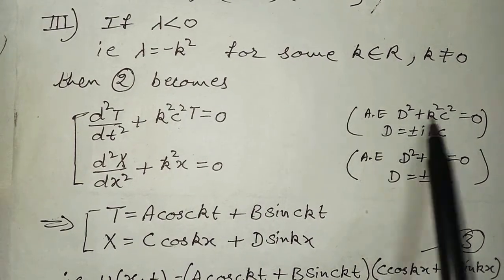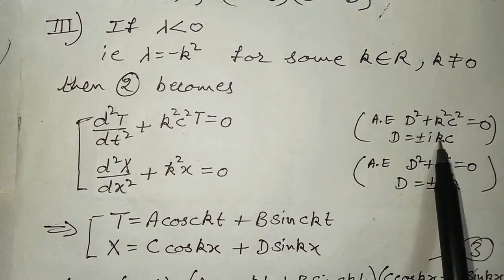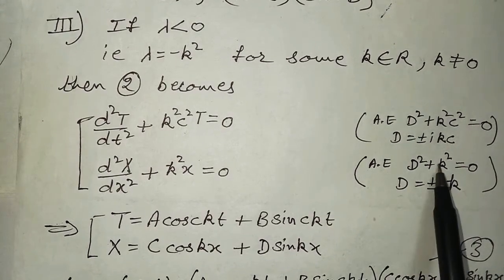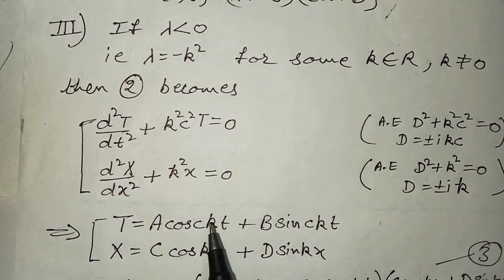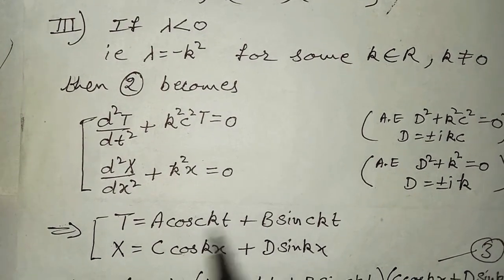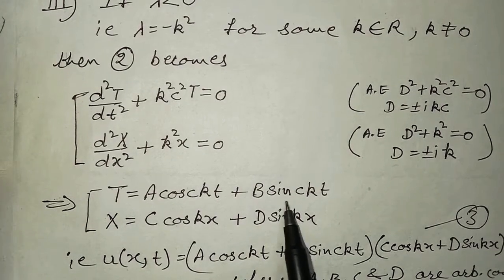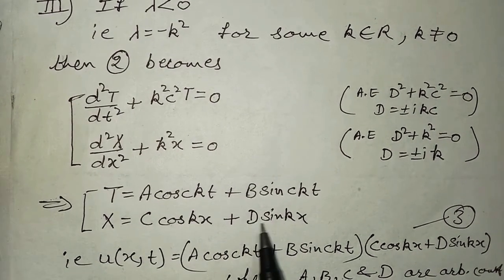Here this is the auxiliary equation for the first equation. There are again two imaginary values of d. So it means t is equal to a cos ckt plus b sin ckt, and x is equal to c cos kx plus d sin kx.